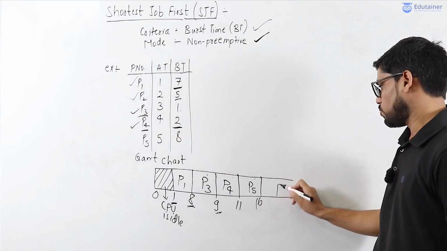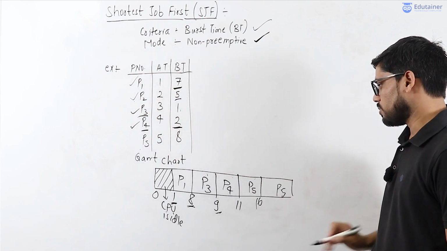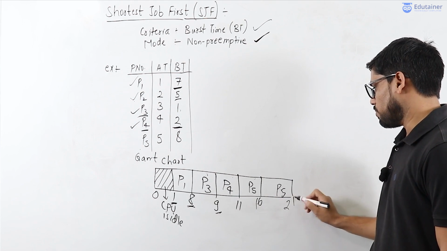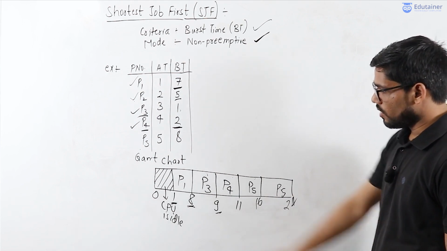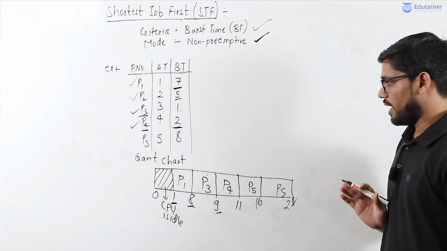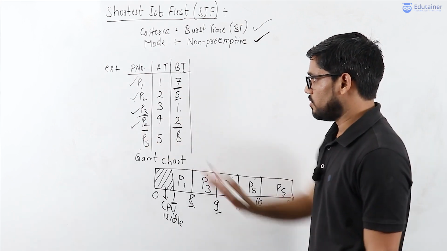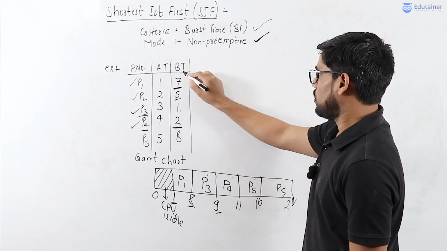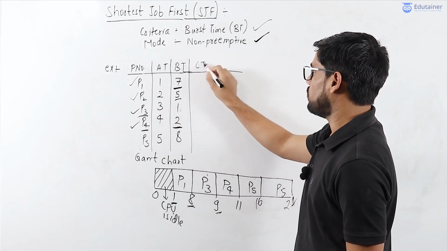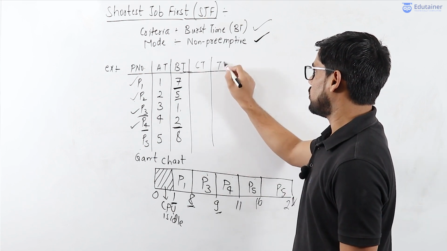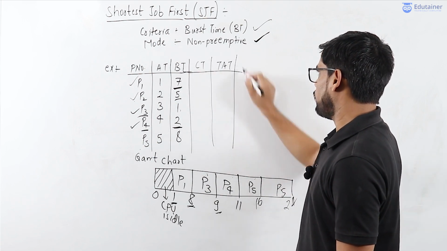Process P5 requires 8 units of time, 16 plus 8 is 24. Okay, so this is the Gantt chart for the 5 processes. Now we have to compute the completion time, turnaround time, and waiting time.